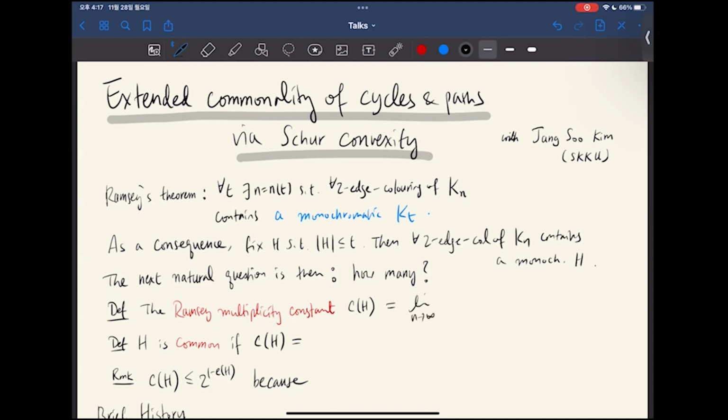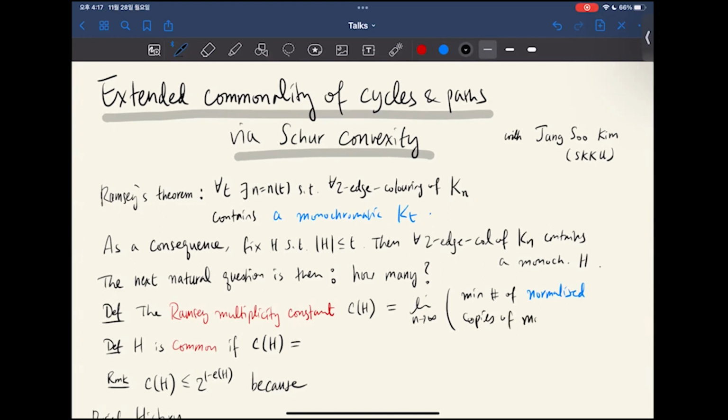It's a limit, when n tends to infinity, of the minimum normalized number of copies of monochromatic H. Yeah, and we take the limit, and this is the Ramsey multiplicity constant.